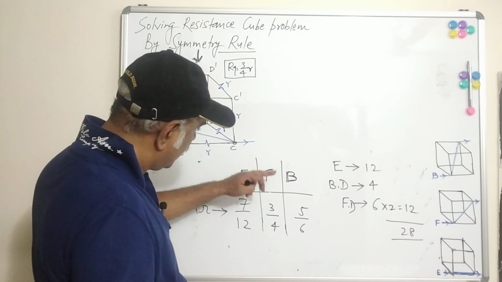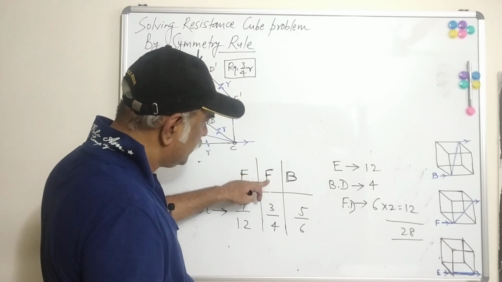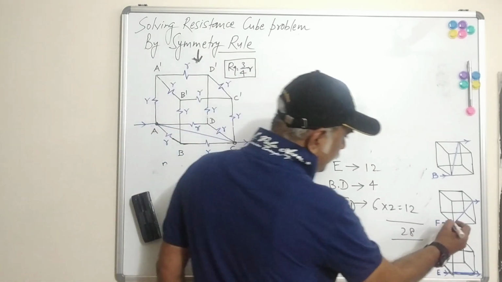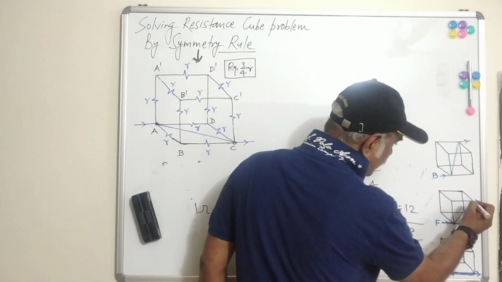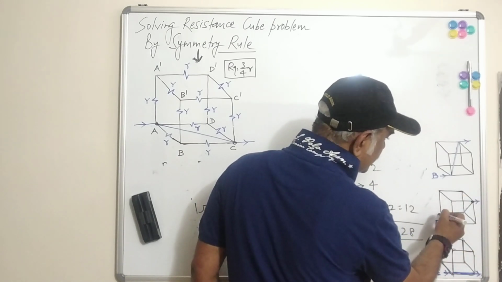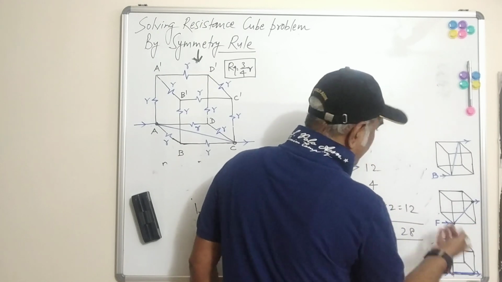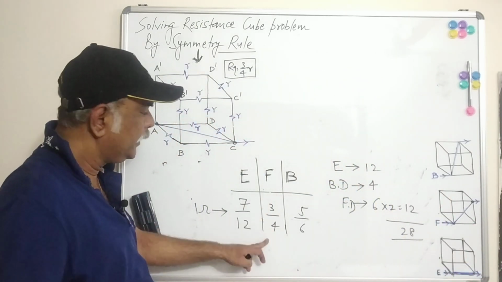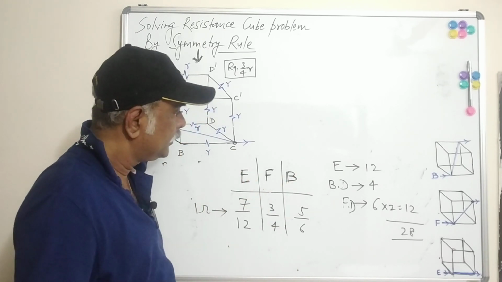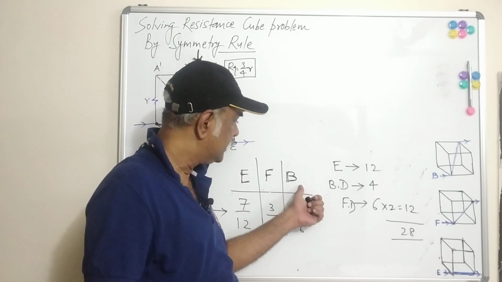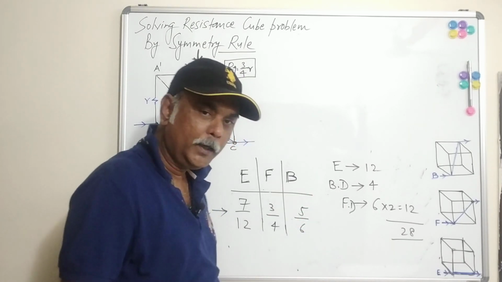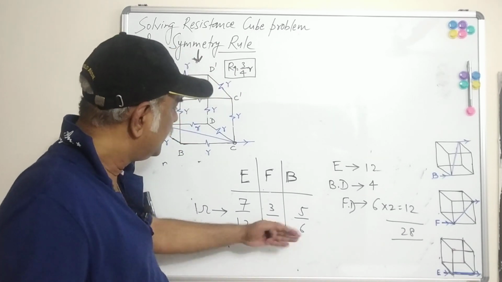If you are asked to find about the face diagonal, meaning you might be asked to find the equivalent resistance between this, like this, or like this, any face diagonal, the answer will be 3 by 4. If you are asked to find the equivalent resistance about the body diagonal, then the answer will be 5 by 6. So this is the trick.